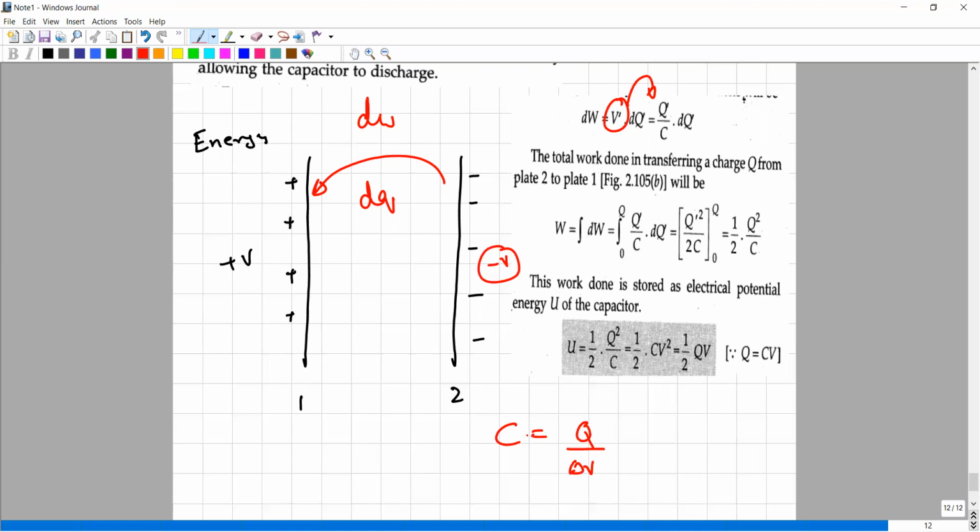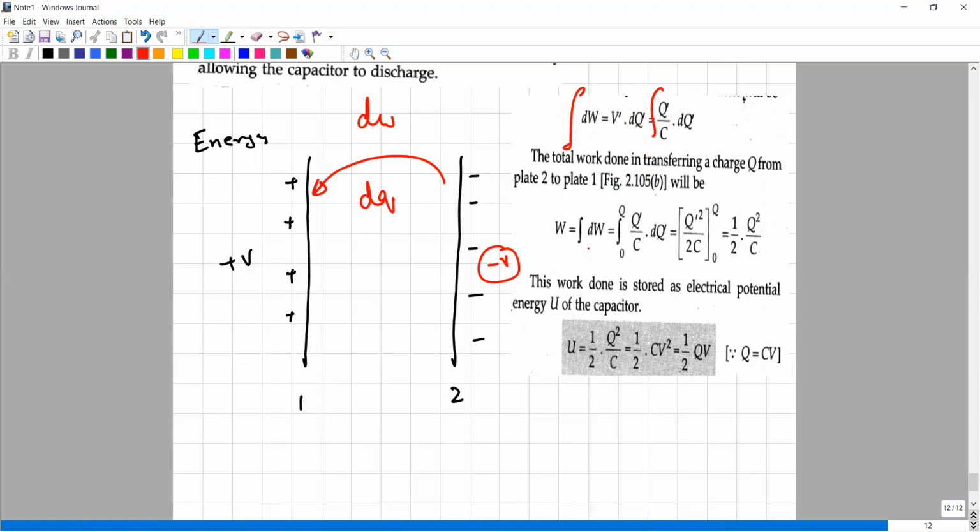That means the potential difference delta V becomes the charge on the plate divided by the capacitance. So the small amount of work done will be equal to the potential at that particular instance times the dq, the charge being transferred.